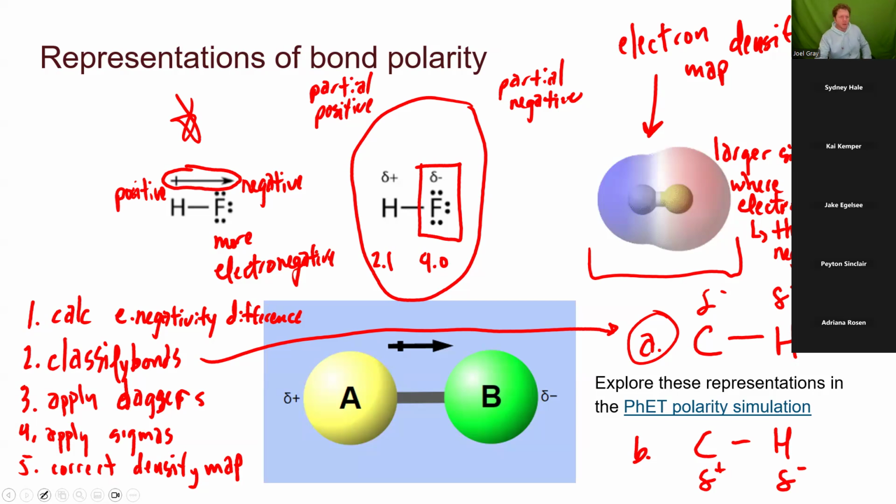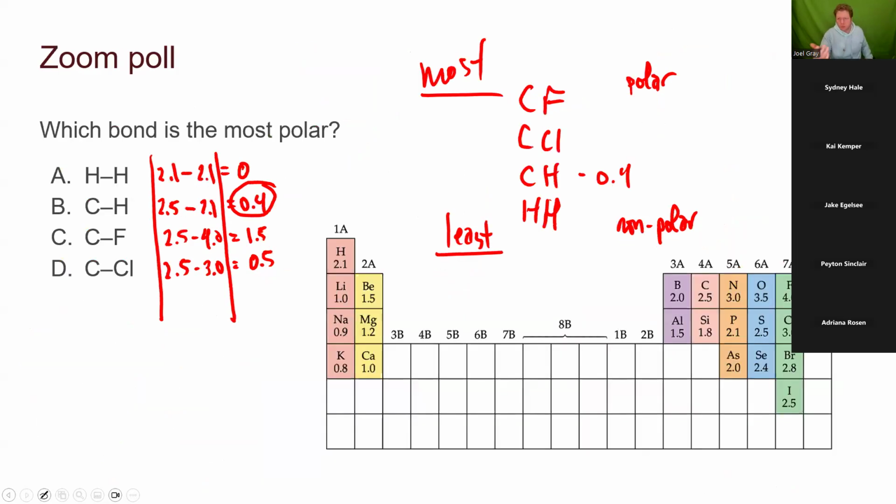Oh, Dolce, fantastic. Great question. Absolutely. Okay. If it's cool with you, I'm going to jump back here and use all of these as examples. So I'll add CF, then we'll go to CCl, and I'll start off there.